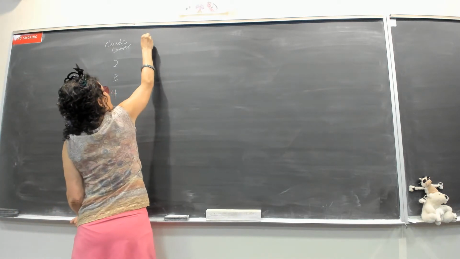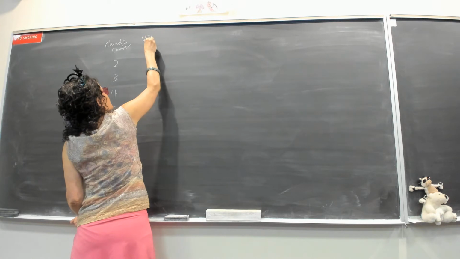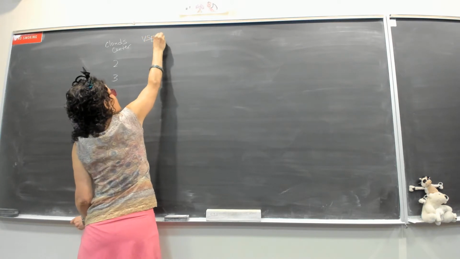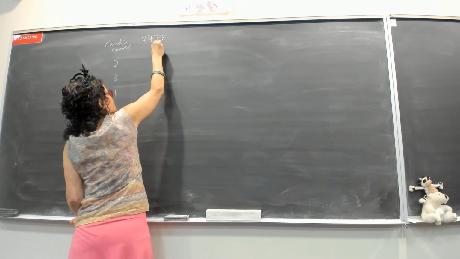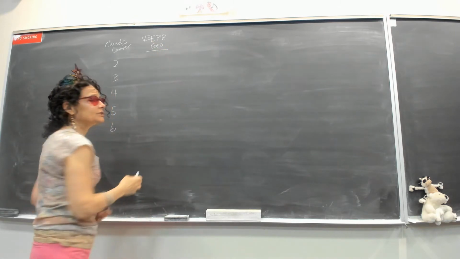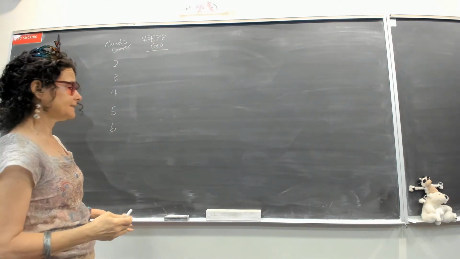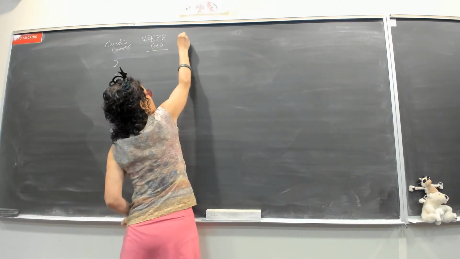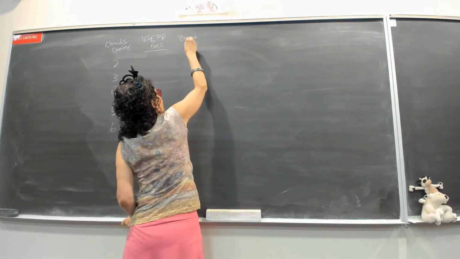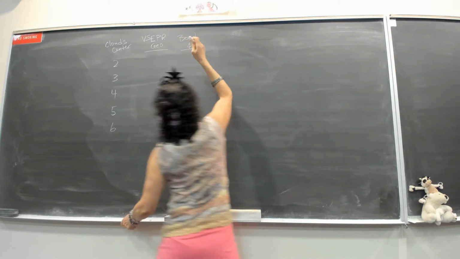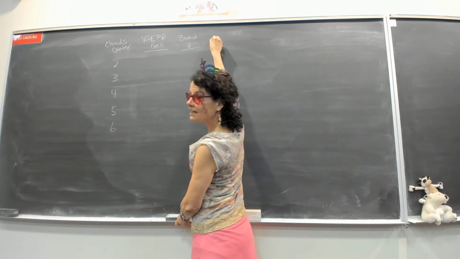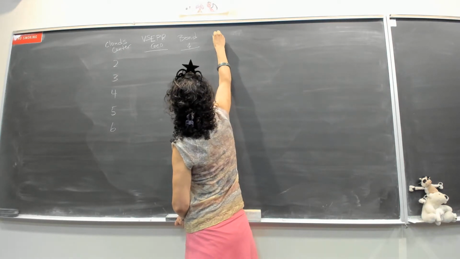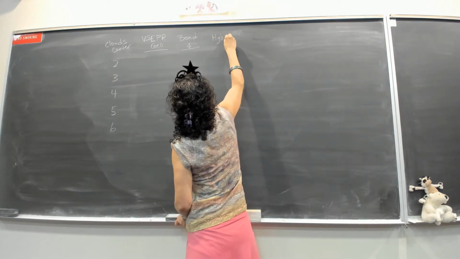And so we had a name for each one of these. So valence shell electron pair repulsion geometry. The answer is going to come out, this is based off the VSEPR. We'll look at the bond angle. And we'll also look at the hybridization.